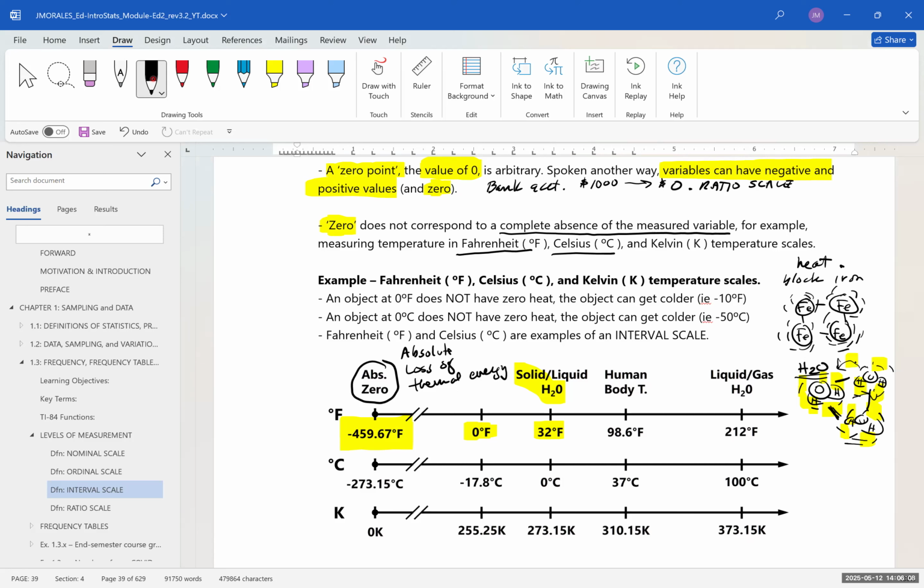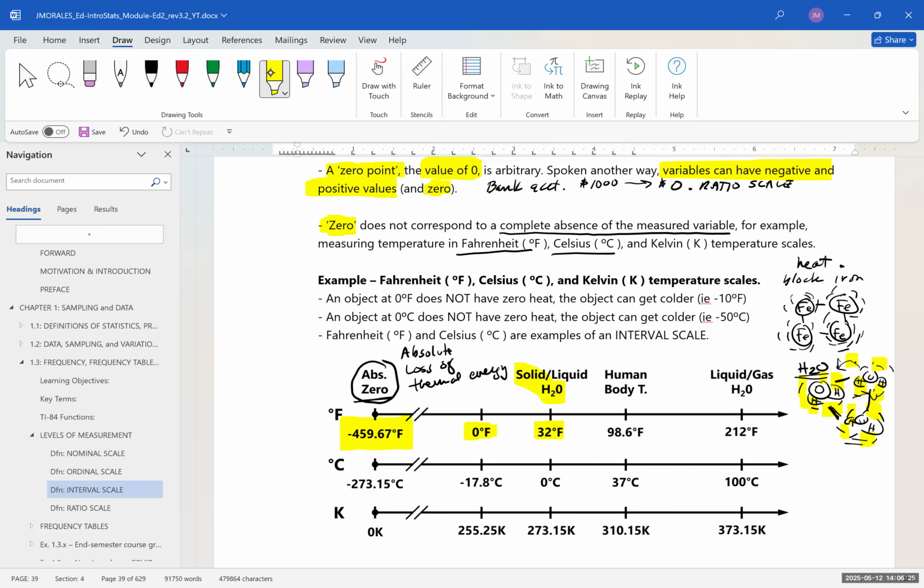Those atoms and molecules are holding still. They are not wiggling at all, they're not moving. That's absolute zero, the coldest anything in the universe can ever get.